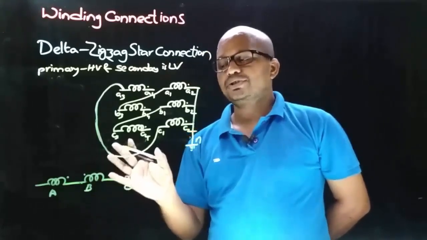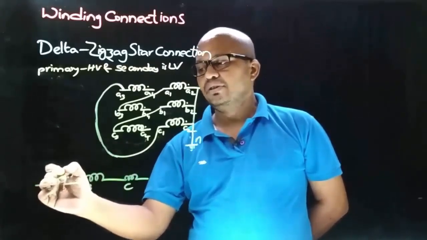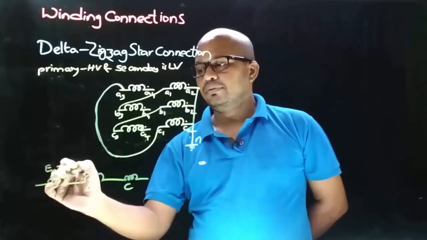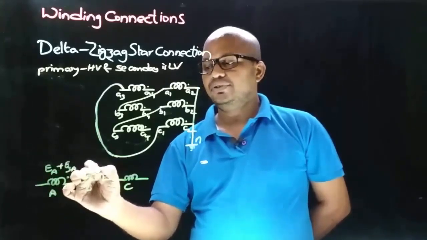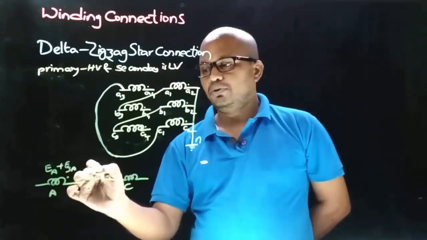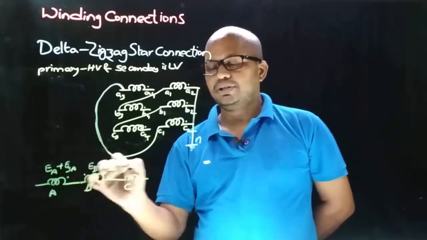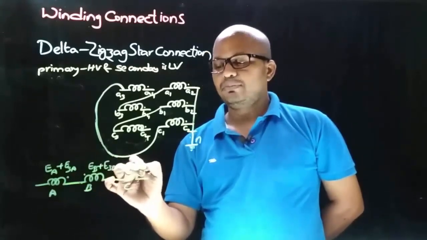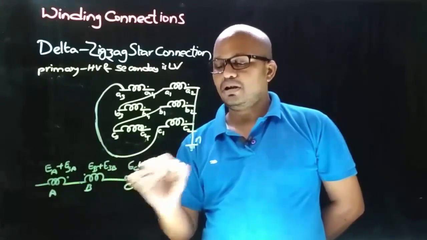When the EMFs are induced in these three coils, the EMF induced in A phase will have the fundamental induced EMF plus the triplet harmonic. Similarly, the EMF induced in B coil will have fundamental EMF plus the triplet harmonic, and similarly in C coil the induced EMF will have fundamental induced EMF and the triplet harmonic.